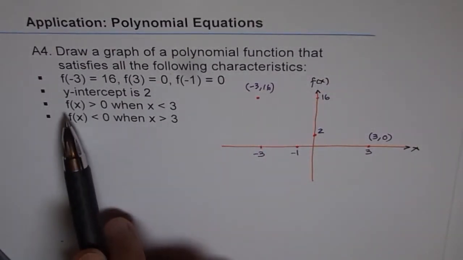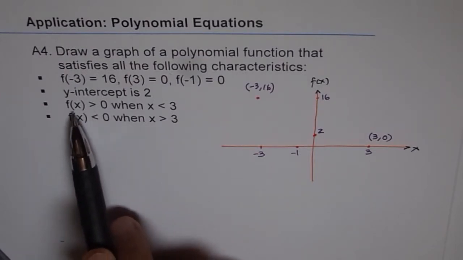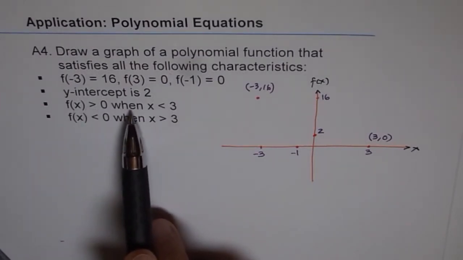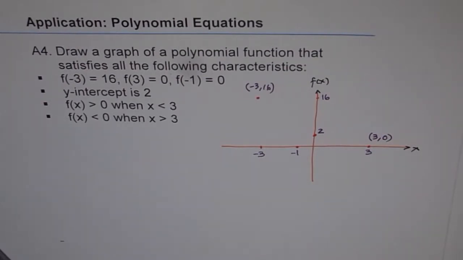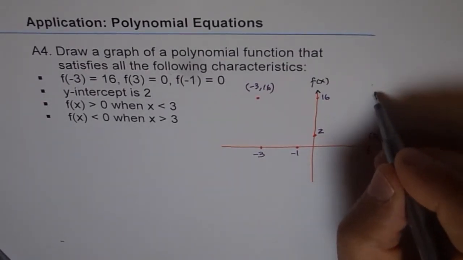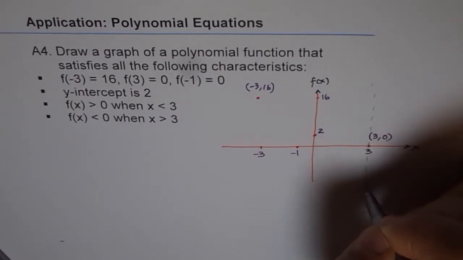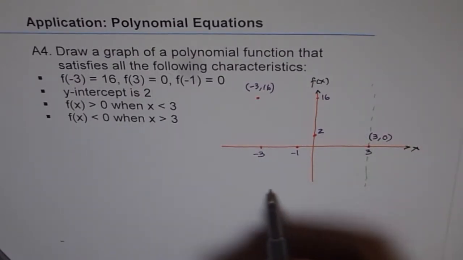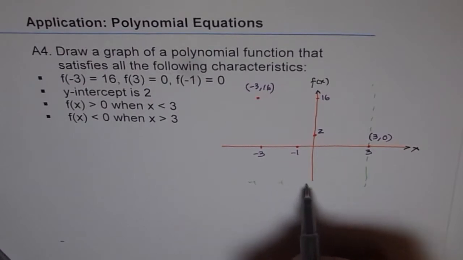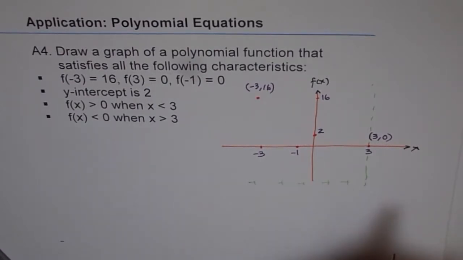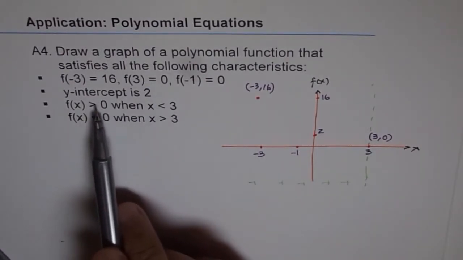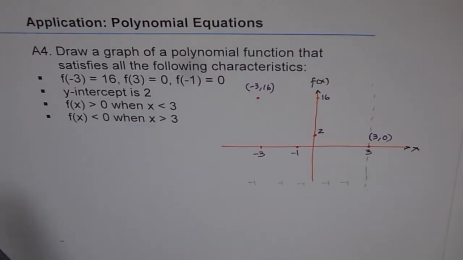Now what else is given to us? f(x) greater than 0. That means the function is positive when x is less than 3. If you look at this half of the graph, which is on the left side, then we have positive here, positive all the way. So f(x) is greater than 0 when x is less than 3.